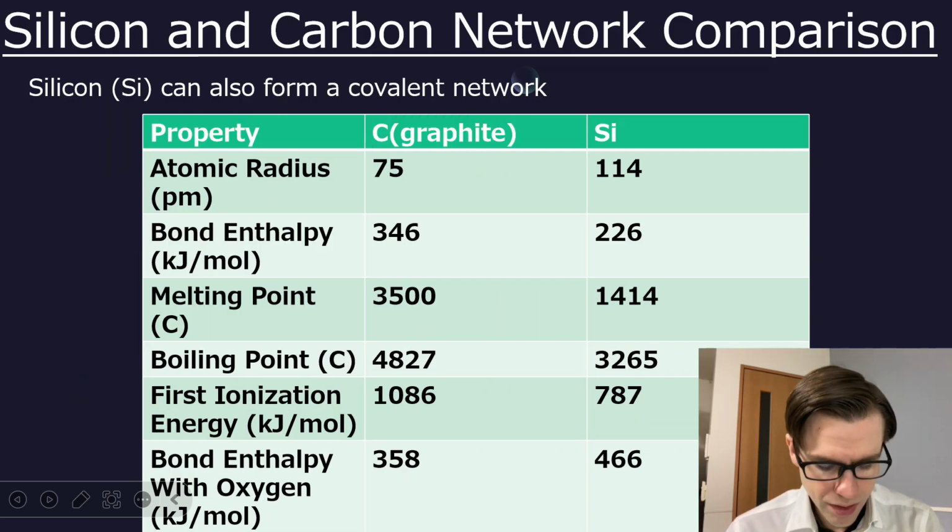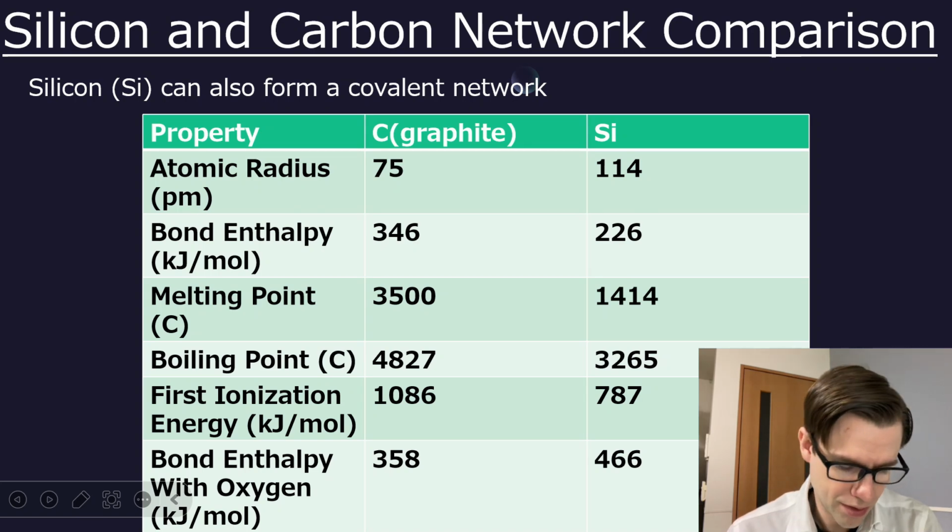But then there's something interesting. We could compare the bonding with oxygen. So the C-O bond, carbon oxygen, versus the Si-O bond, silicon oxygen. It's actually much stronger in silicon, 466 versus 358.